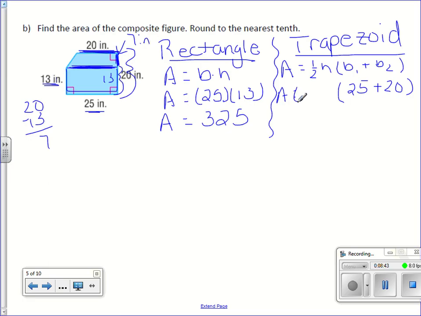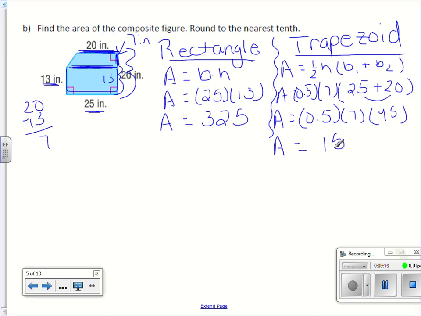So in our formula, area equals 0.5 times 7 times our two bases added together. We need to take care of what's inside of the parentheses first. So bring down your 0.5, bring down 7, and let's add those together. 25 and 20 make 45. And now we can just multiply across. 0.5 times 7 times 45 is 157.5.